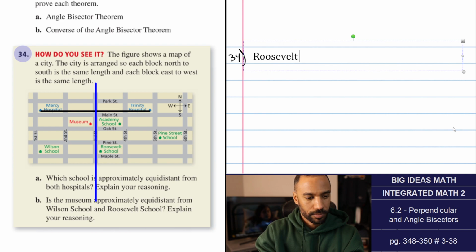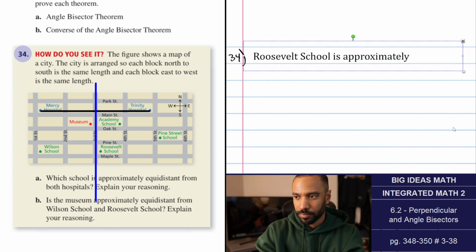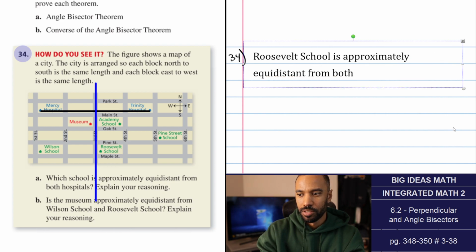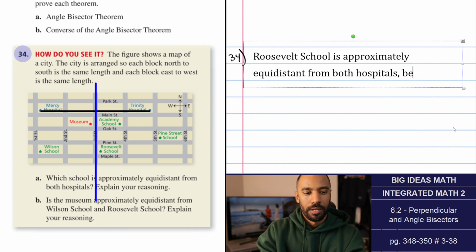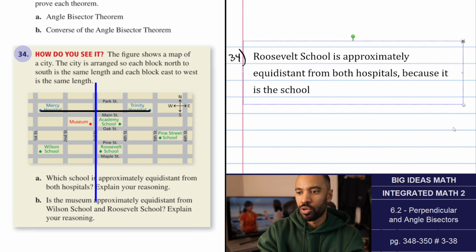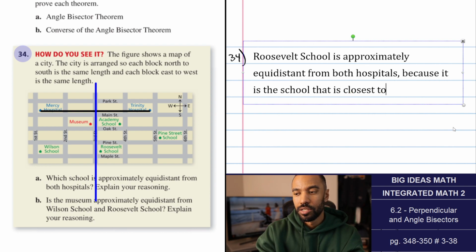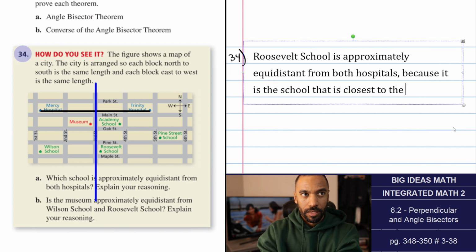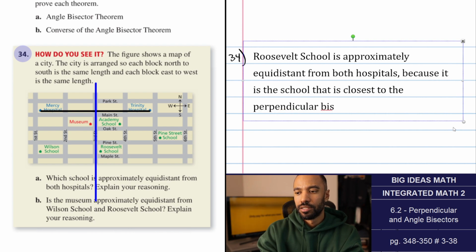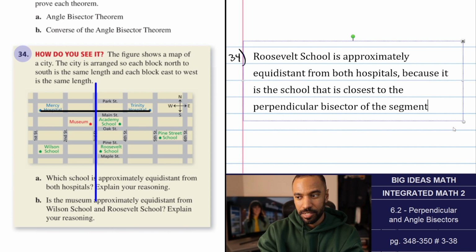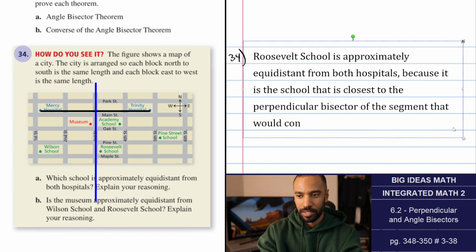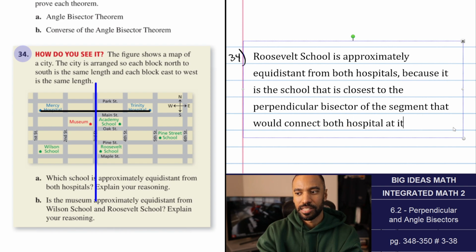Roosevelt School is approximately equidistant from both hospitals because it is the school that is closest to the perpendicular bisector of the segment that would connect both hospitals at its endpoints.